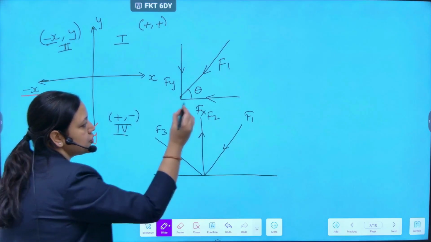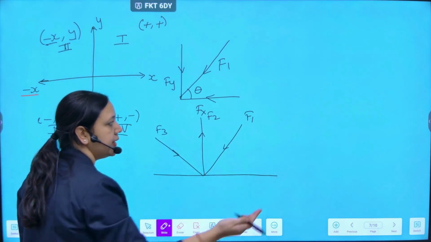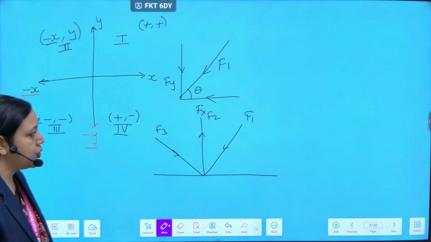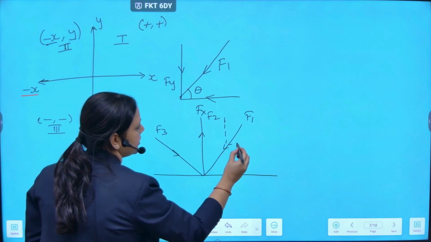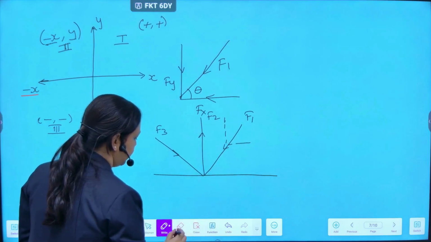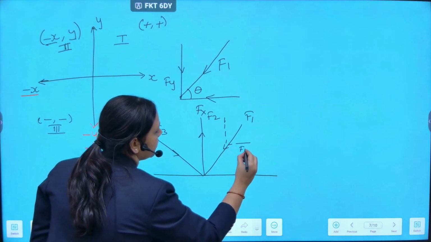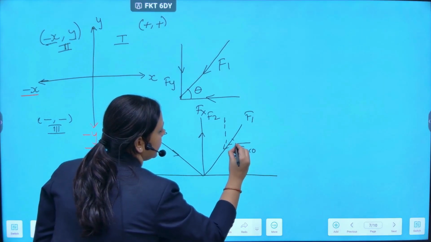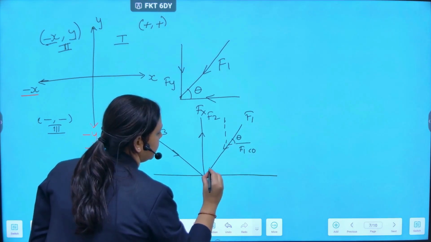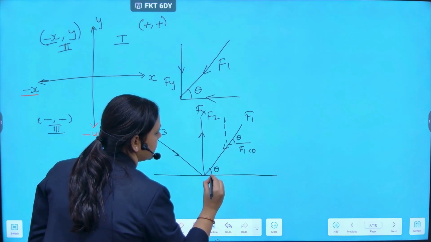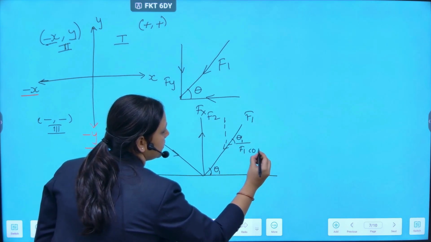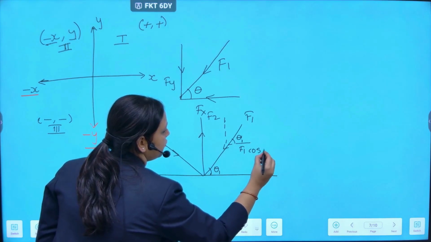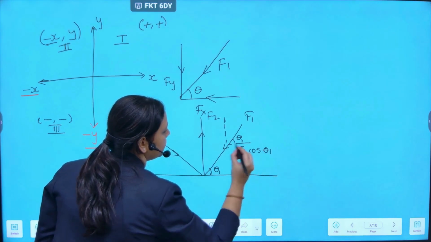Now we need to resolve F1 into its components. So F1 will be resolved into its respective components as F1 cos whatever angle is given over here. Suppose this angle is given as theta 1. So this is F1 cos theta 1.